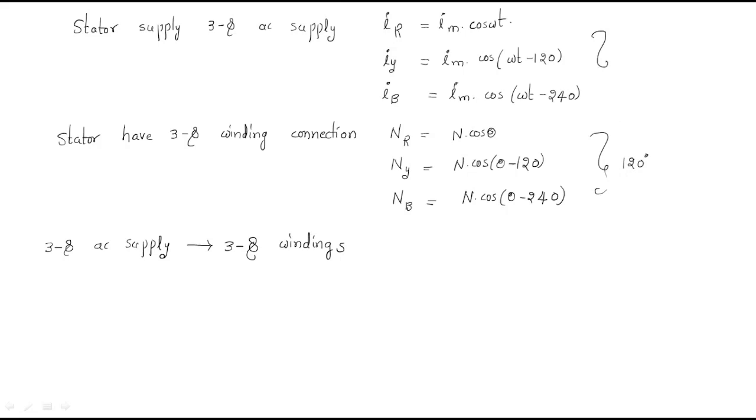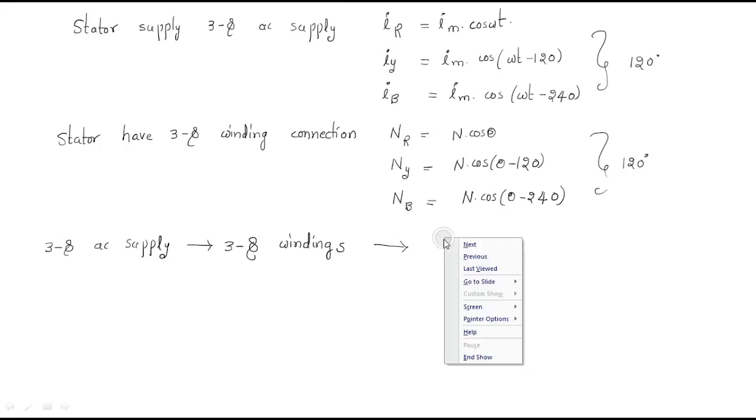And the displacement between the three currents is also 120 degrees. Whenever three-phase supply is given to three-phase windings, a rotating MMF will be produced.